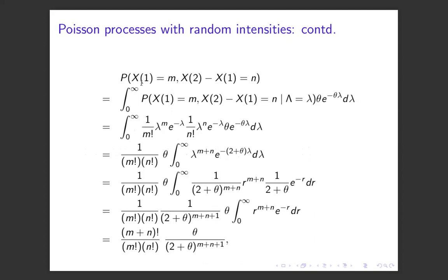This is the increment over the interval 0 to 1. This is the increment over the interval 1 to 2. They are of equal length. So consider the probability that X1 equals m and X2 minus X1 equals n.